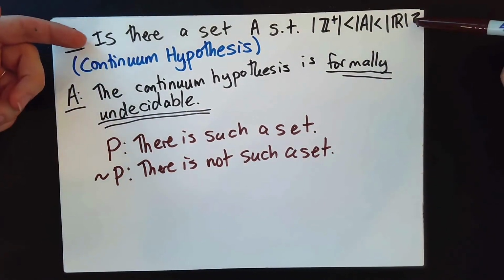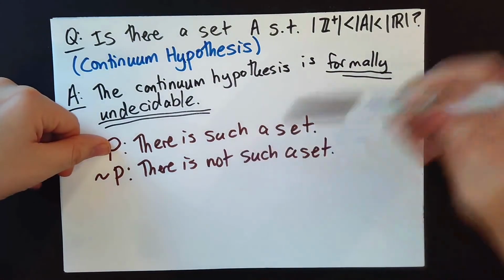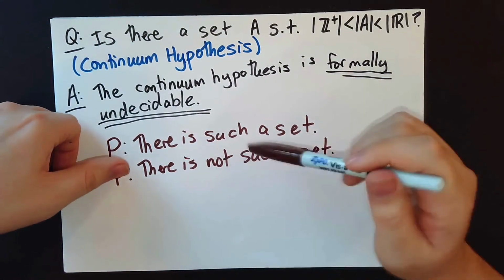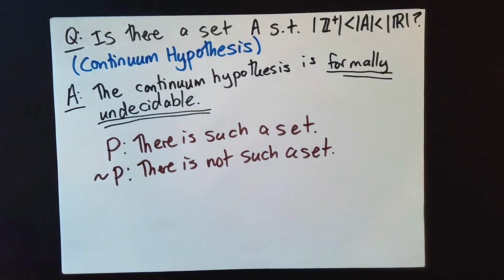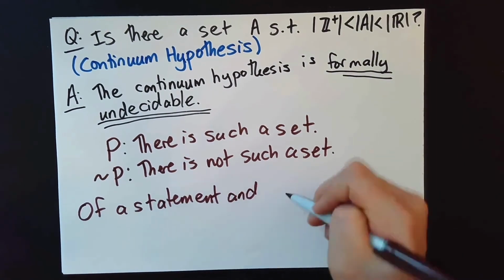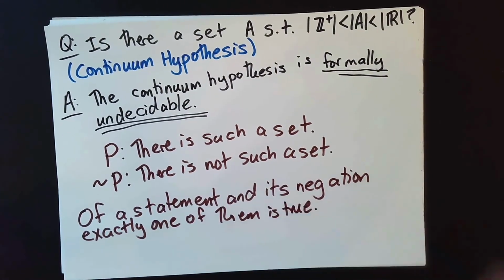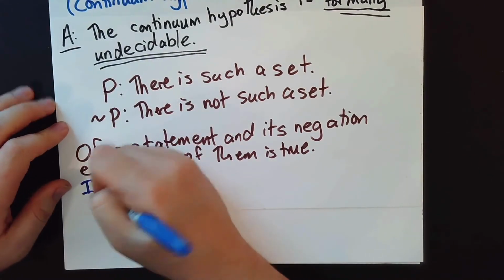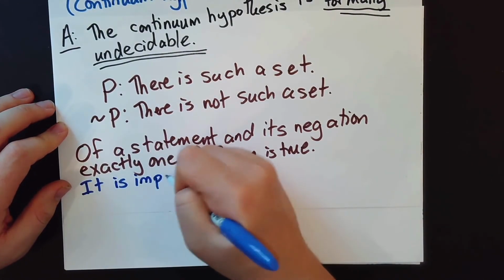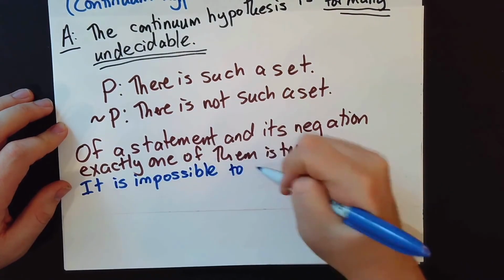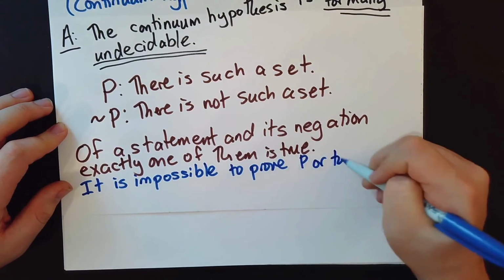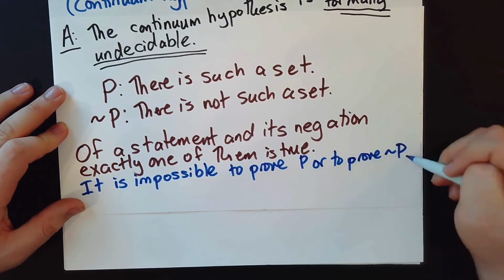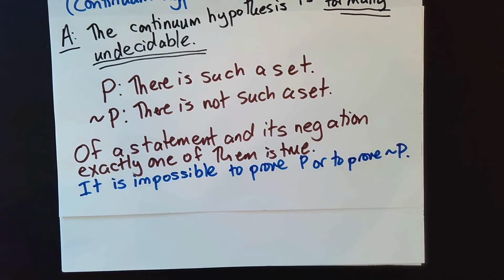In other words, going back to our original question, P is just the statement the answer is yes, not P is the statement the answer is no. And one of our fundamental conceits, one of the very first things we talked about at the beginning of the course, was that of a statement and its negation, exactly one of them is always true. But when I say that the continuum hypothesis is formally undecidable, what I'm saying is that one can prove that it is impossible to prove P, and it is impossible to prove not P from the agreed upon axioms.